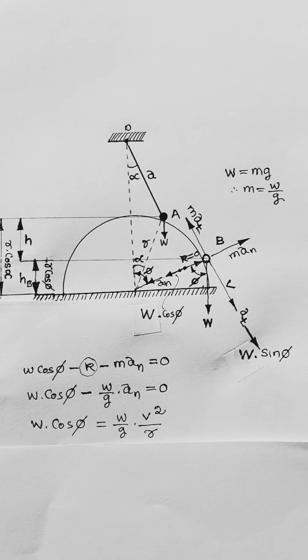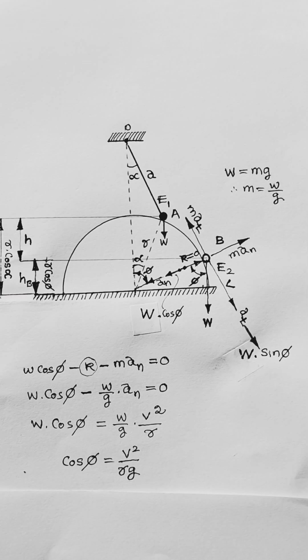At A, the energy possessed by the particle is considered as E1. Up to reach B, the energy possessed by the particle is considered as E2. E1 includes potential energy 1 and kinetic energy 1. E2 includes potential energy 2 and kinetic energy 2.